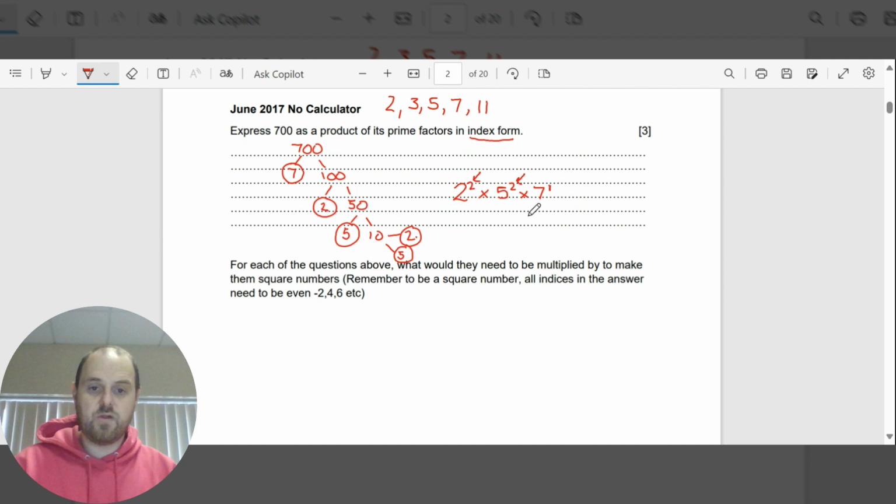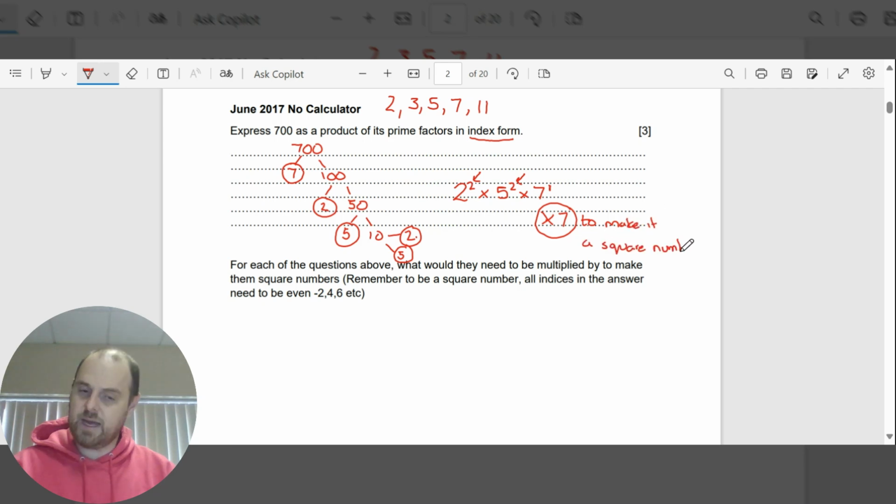So, what would I need to multiply this by to make it a square number? I would need to multiply it by another 7, add another 7 onto it to make it a square number. Now, don't worry too much about that bit. That's just me answering this kind of little thing I've done here.